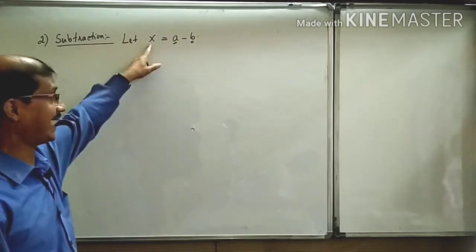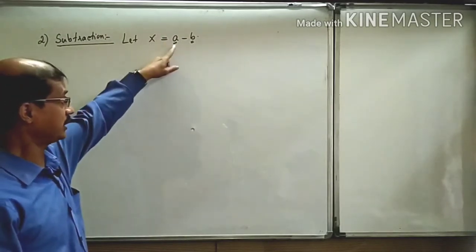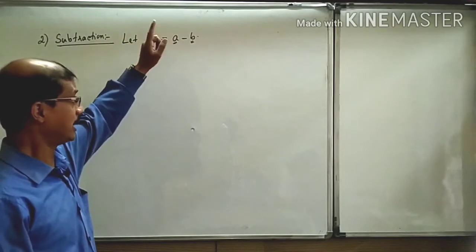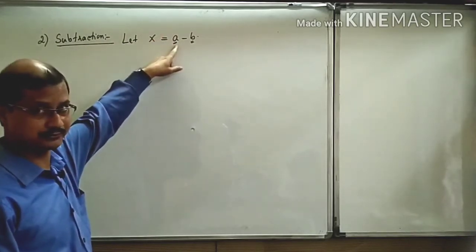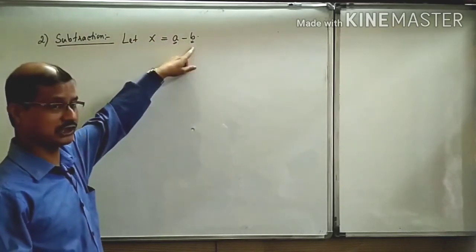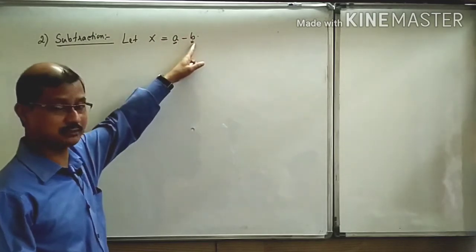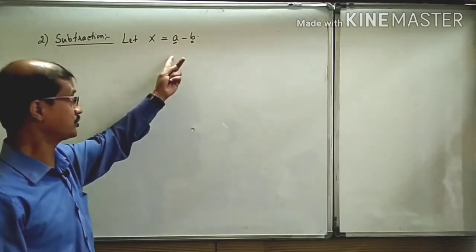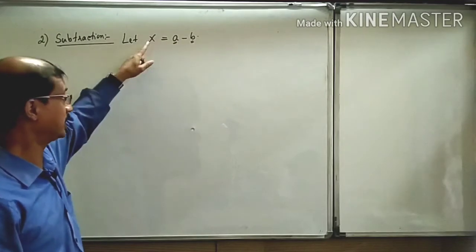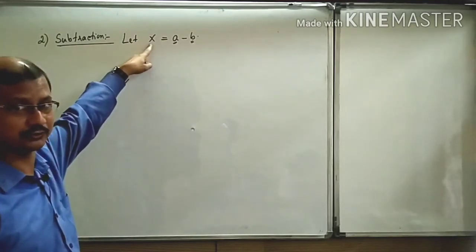You will get x. If you measure a, you will get the absolute error in the measurement of a. If you measure b, then you will get the absolute error in the measurement of b. If you get errors in a and b, definitely you will get the absolute error in the measurement of x.